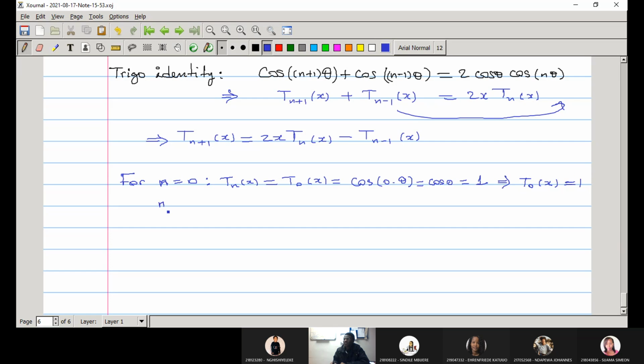Now, when n is equal to 1, we saw that T1 x is cosine of 1 times cos inverse x, right? So cos of cos inverse x.